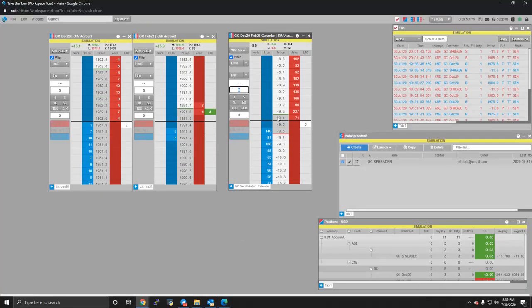So to use gold here, if we were to begin widening, the spread would be going more negative, which means gold December outright relative to gold February is trading at more and more of a discount. And if this spread was to tighten, then we would see a trend towards zero, and that would mean that gold DEES 20 relative to gold February 2021 is trading at less of a discount and heading towards par.